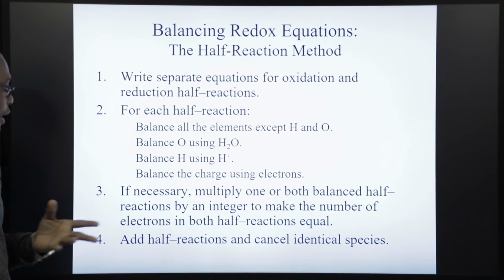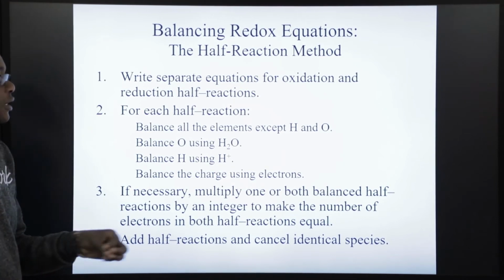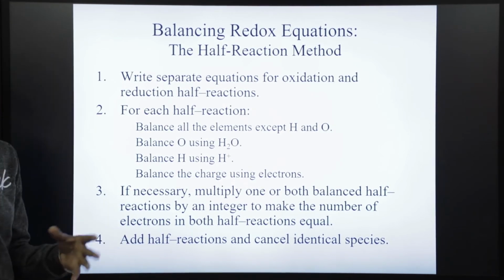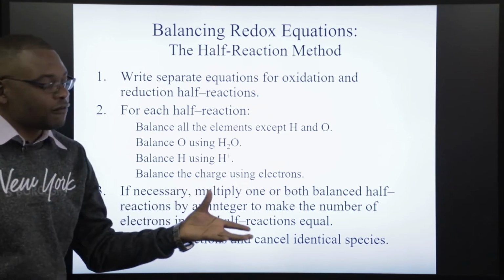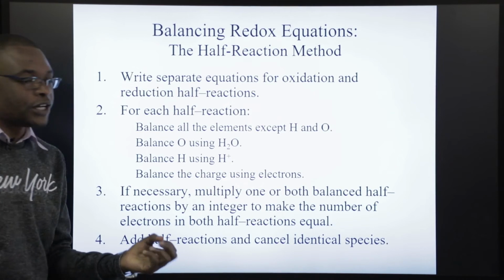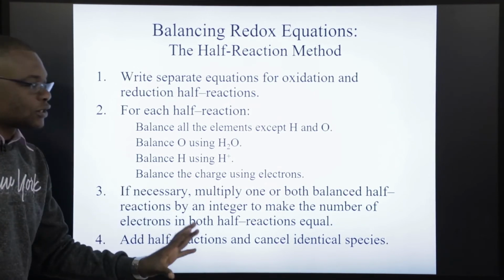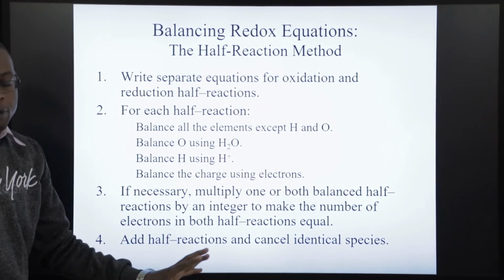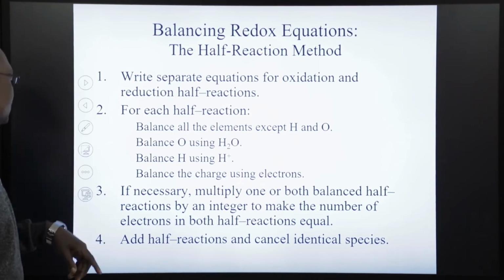And when you've done that, if you add the half reactions and cancel identical species, you have a full redox reaction with balanced quantities on both your left side and your right hand side.